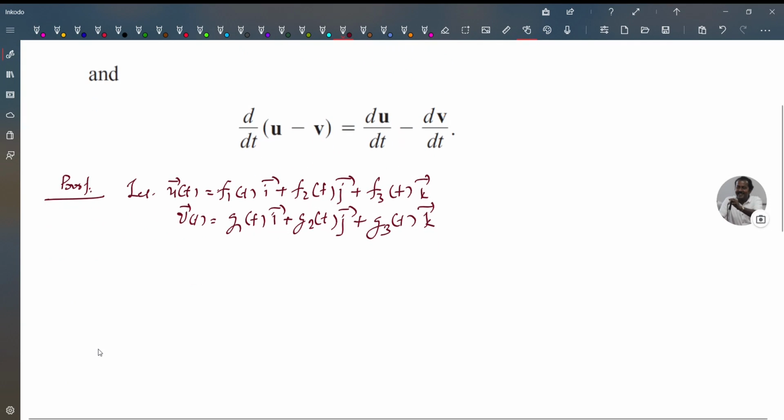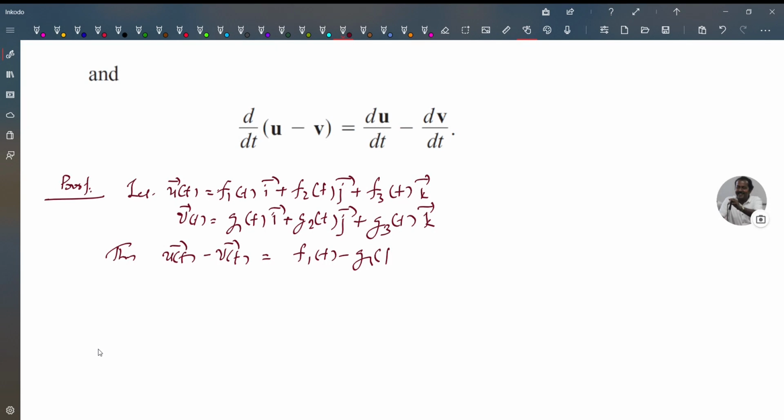Then u of t minus v of t is f1 of t minus g1 of t i plus f2 of t minus g2 of t j plus f3 of t minus g3 of t k.